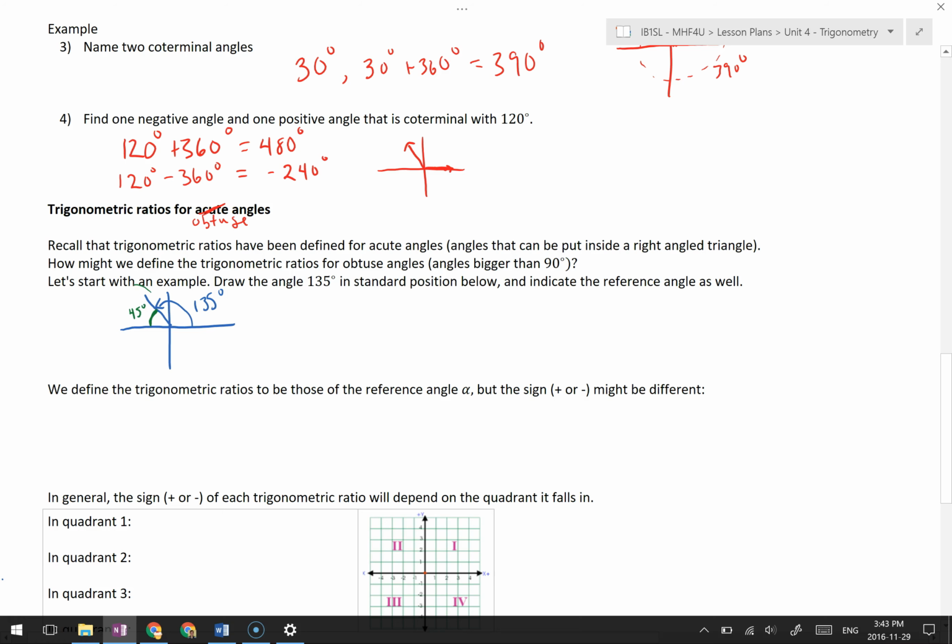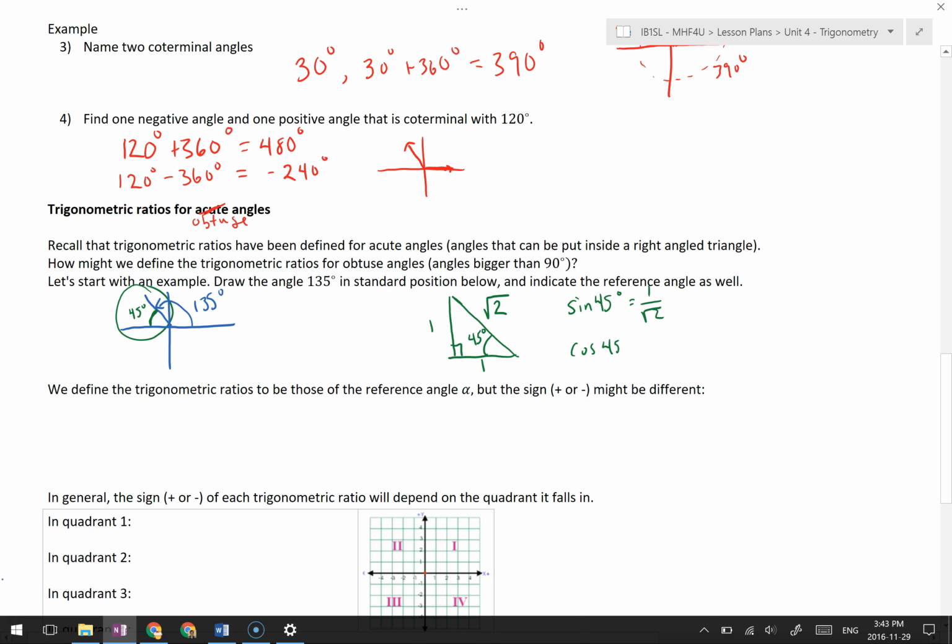So let's zoom in on this little bit here. We have a 45 degree angle between the x-axis and the terminal arm, and let's make this into a right triangle. Well, 45 degrees, you may remember its side lengths are 1, 1, root 2. And we know from this triangle that the sine of 45 is 1 over root 2.